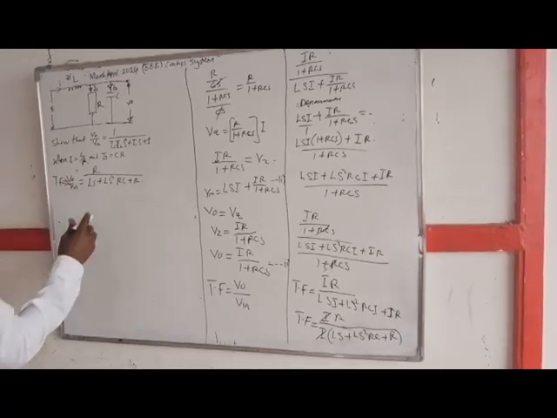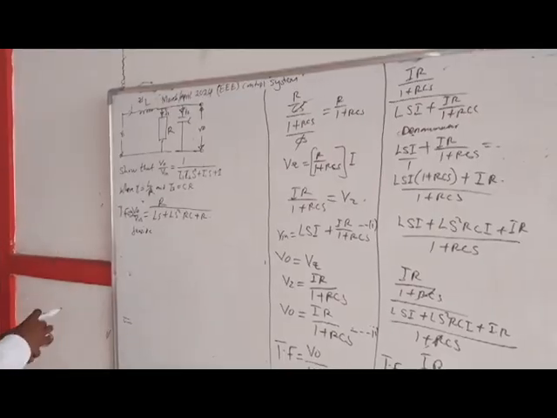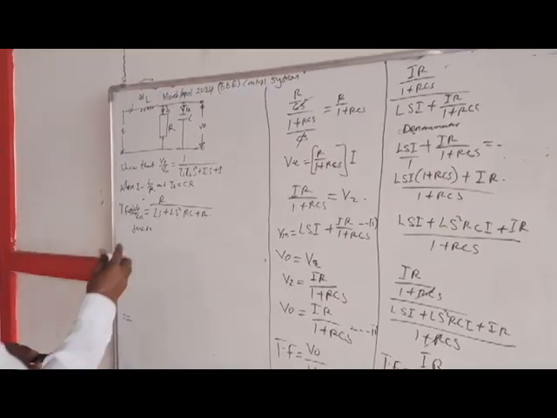Now divide the numerator and denominator by R, the resistor.